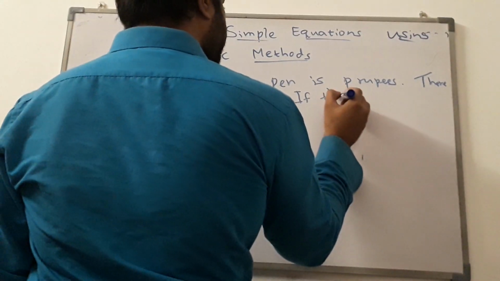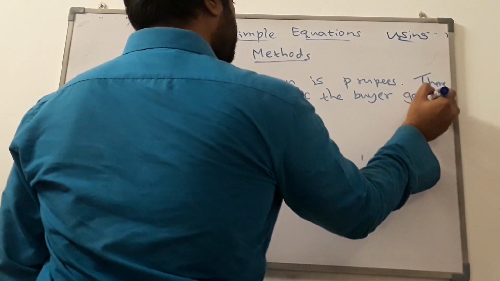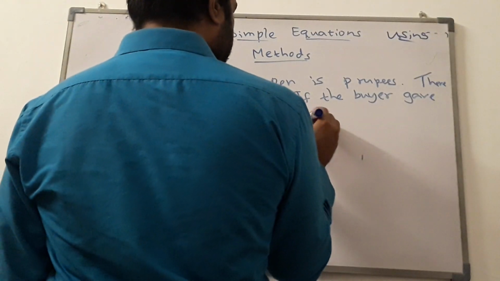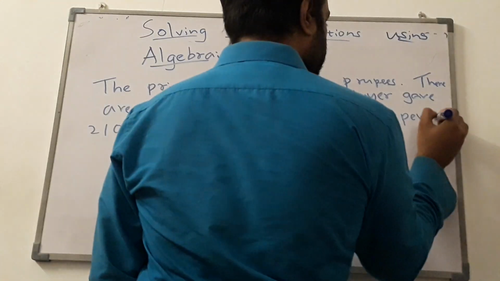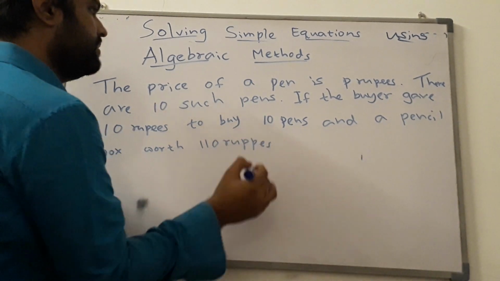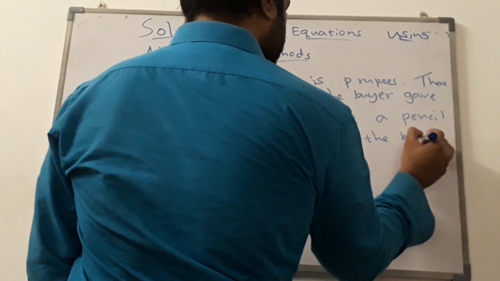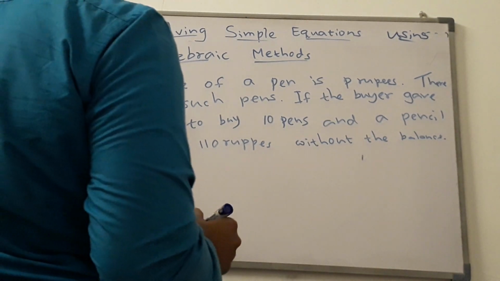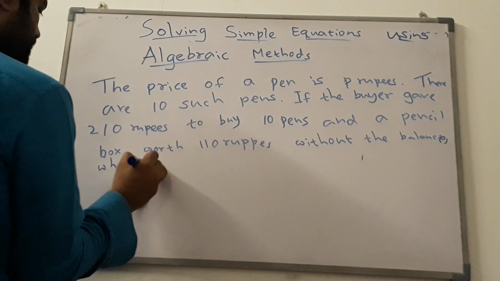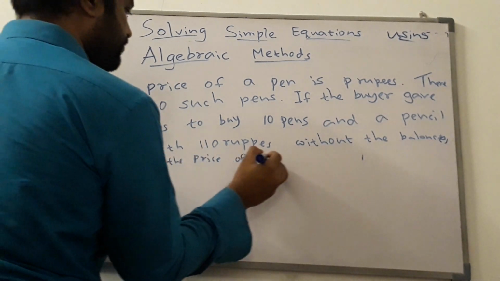If the buyer gave 210 rupees to buy 10 pens and a pencil box worth 110 rupees without the balance, what is the price of a pen?